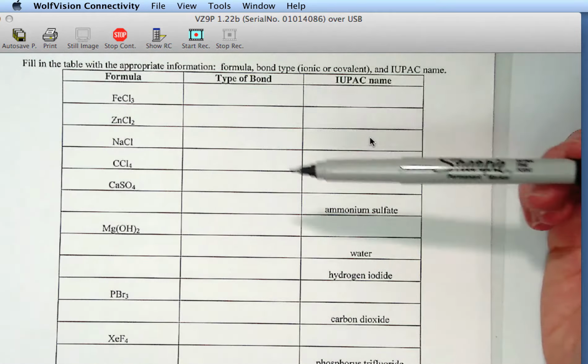If you have an electronegativity difference, I'm going to say greater than 1.9 right here. Greater than 1.9, it's ionic. You have an electronegativity difference less than 0.4, then it's a non-polar covalent bond.